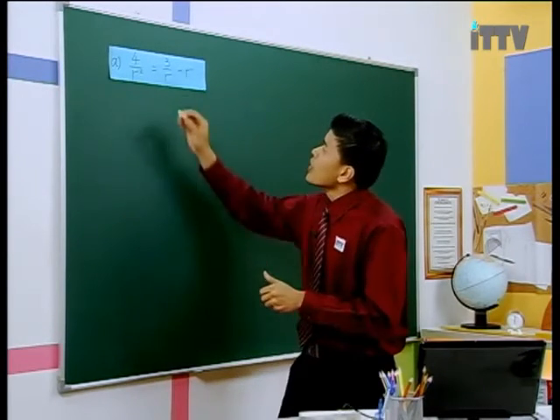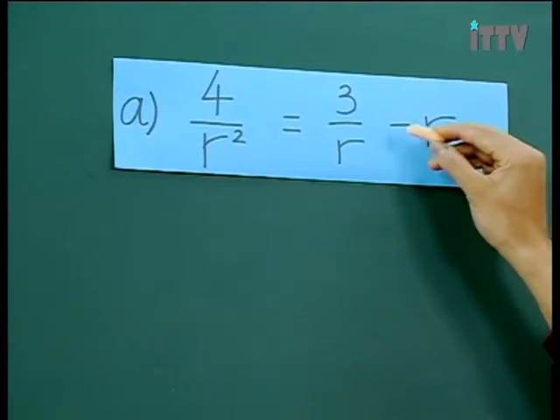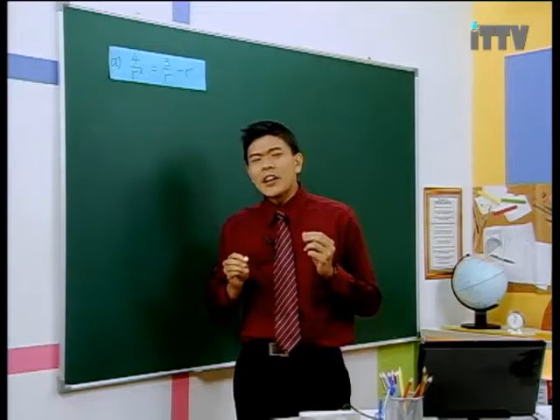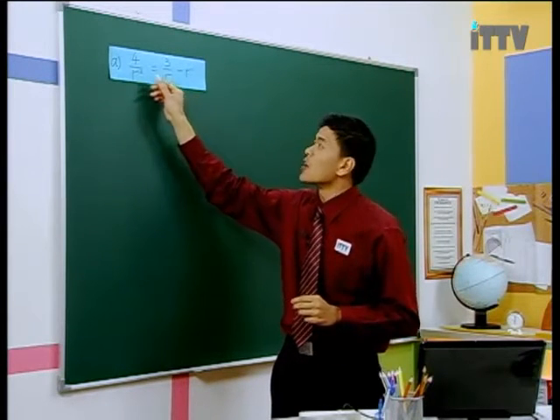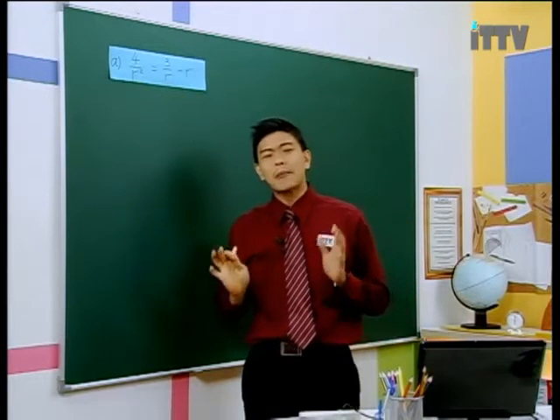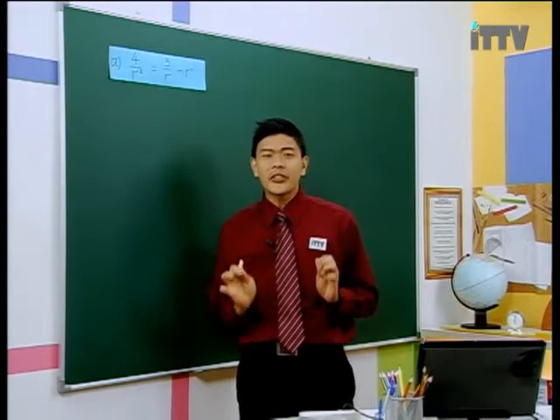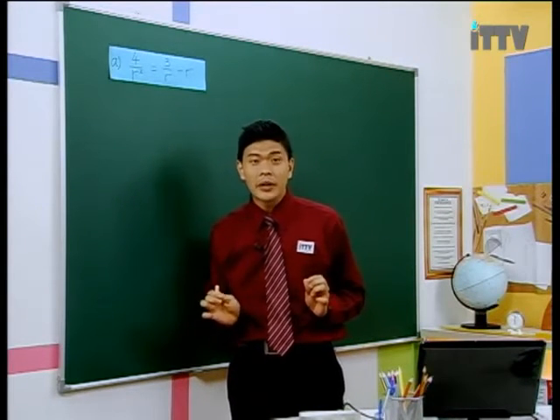So if you look, 4 over r squared equals 3 over r minus r. In order to get rid of the two denominators, one of them is r squared and one of them is r, you must multiply every term with the lowest common multiple of the denominators.